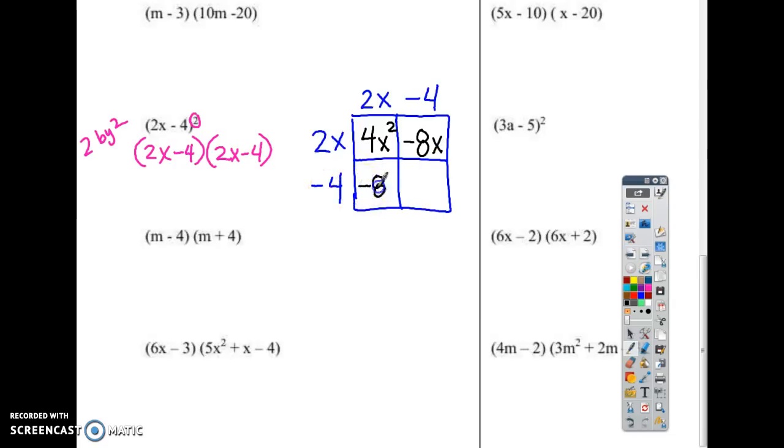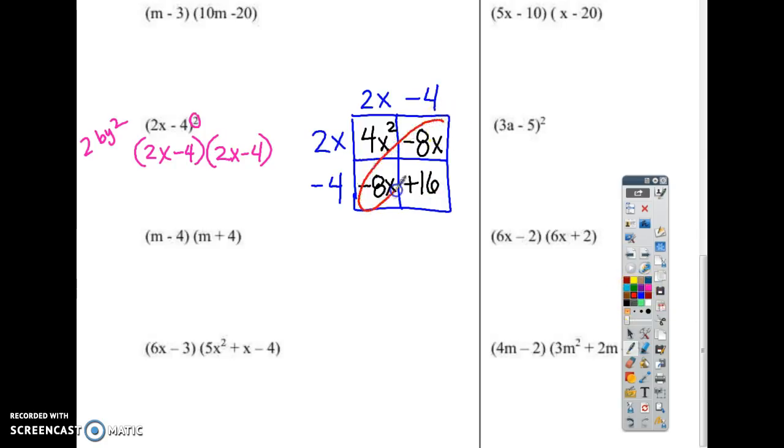Negative 8. How many x's? 1. So these two are the same. That's because we're multiplying the same thing by itself. And then negative 4 times negative 4? Positive 16.